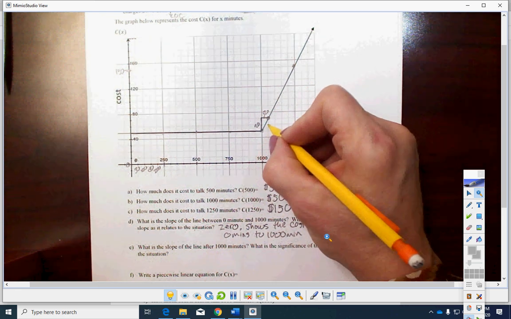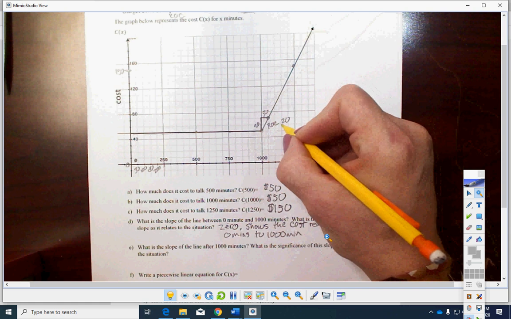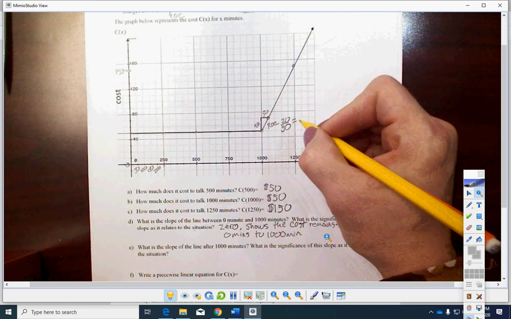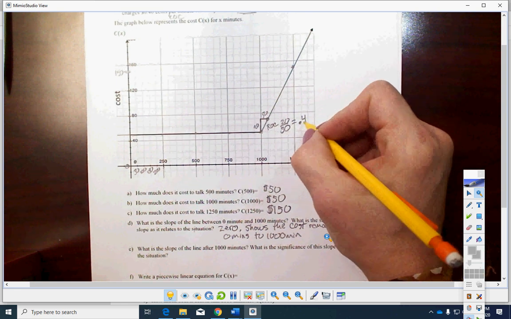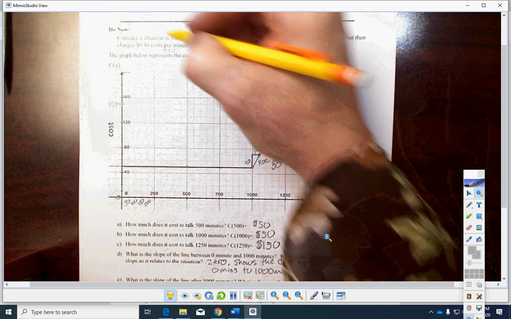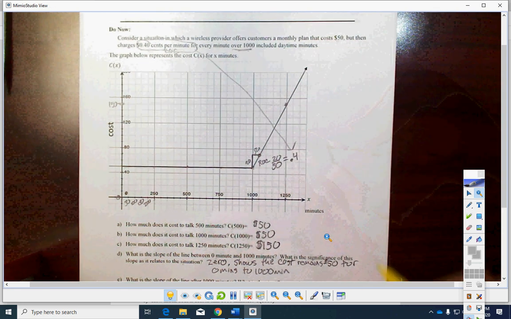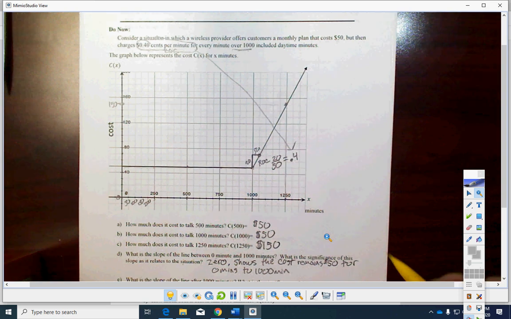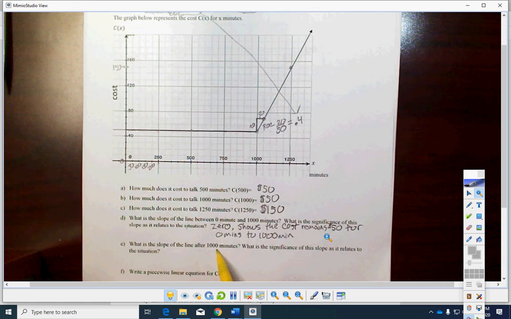So the rate of change for this whole piece is 20 over 50, which if I actually divided that, I get 0.4, which makes a lot of sense to me because of what we said up here, 40 cents per minute. 0.4 is 40 cents. So that really makes complete sense. The slope of the line after 1,000 minutes is 0.4, or you could write 0.40.